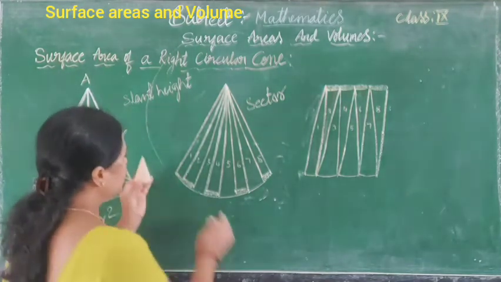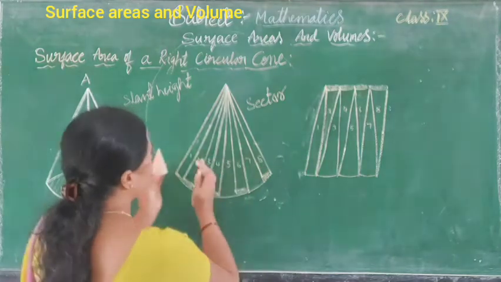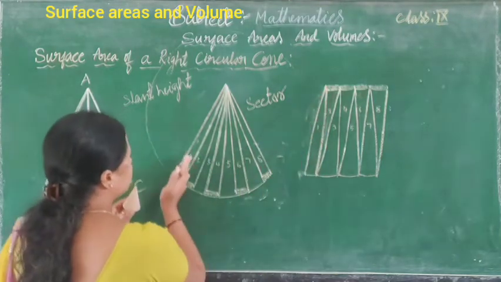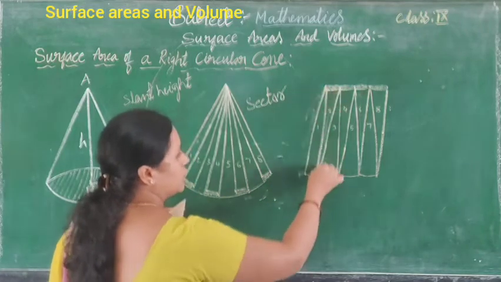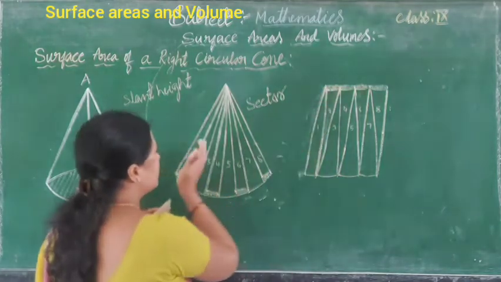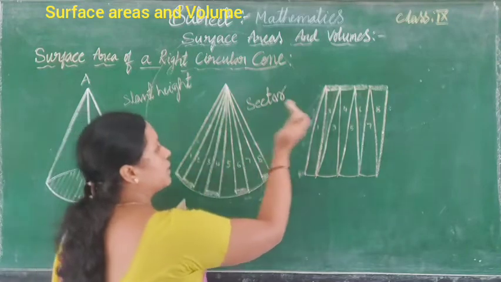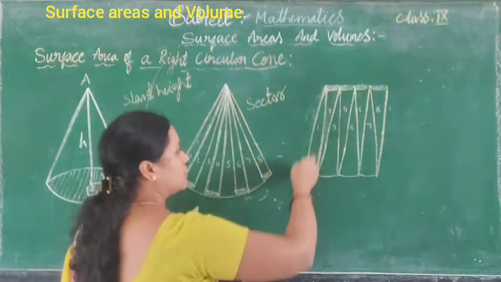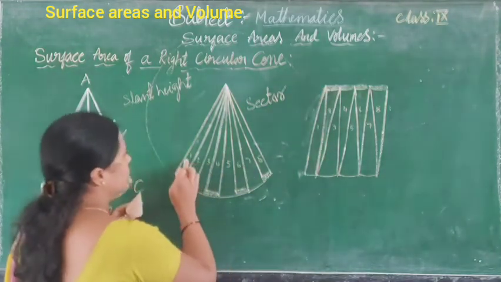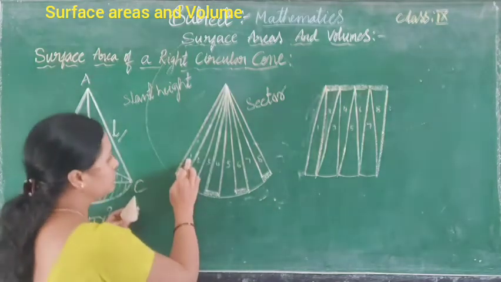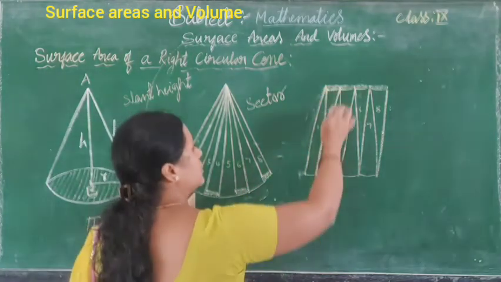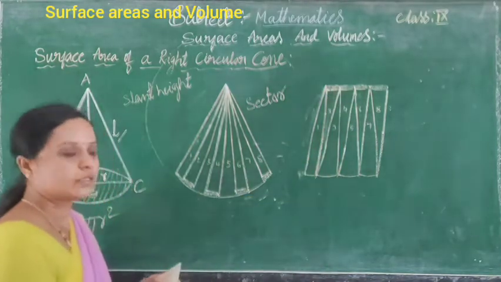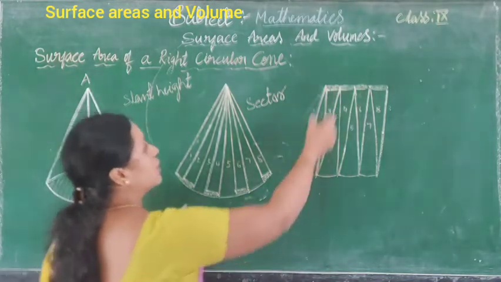Now you can pick them up and join them. The first triangle can be written like this, this pink colored one. Then the second triangle is placed like this, with its base going up.